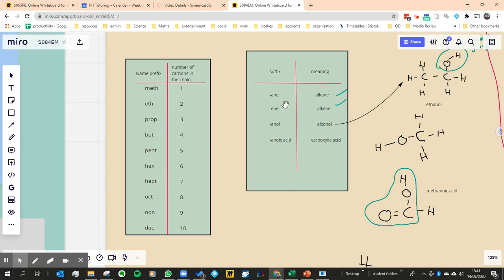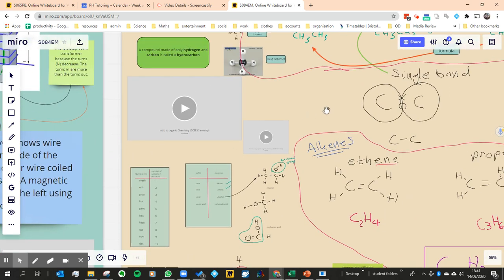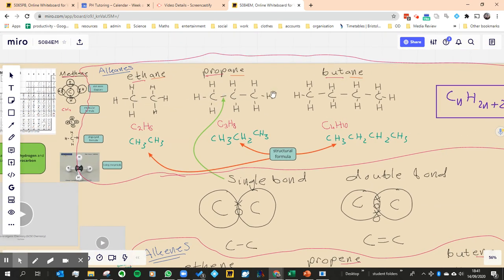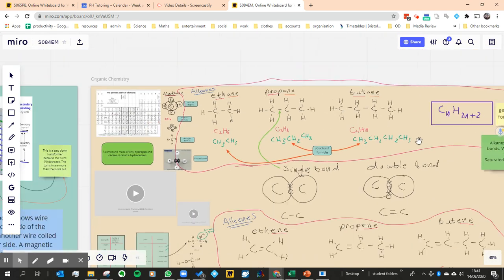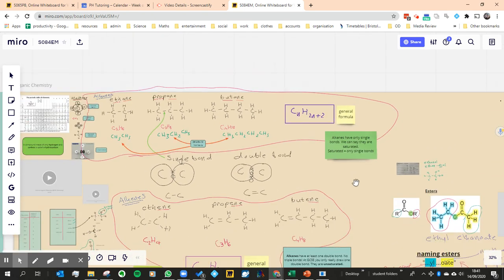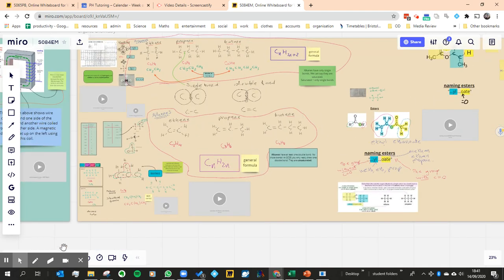The ones I was just talking about are called alkanes. So if it ends in ane, it's an alkane. What is an alkane? It's anything that has single bonds. I'm flying through the topic quite a bit at the moment. So I'm going to stop the video there.